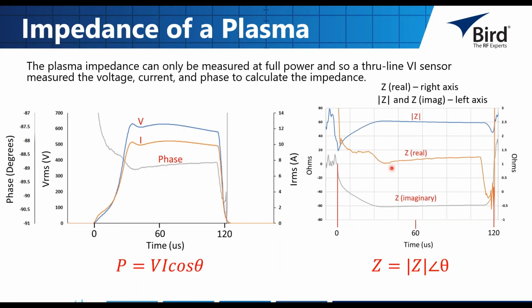But you could see the real resistance was very low, only about 1.25 ohms, but the imaginary portion, being capacitive, was closer to minus 60. When we were talking earlier, the lower half of the imaginary axis is the capacitive region, where the top half will be the inductive region.